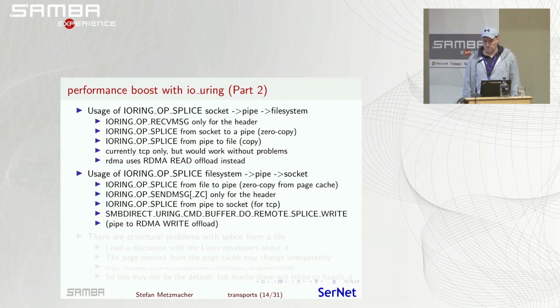And with TCP, this is basically also zero copy. For RDMA, I have a special IO command which does a remote write using splicing from a pipe, and that is used for the RDMA write offload.